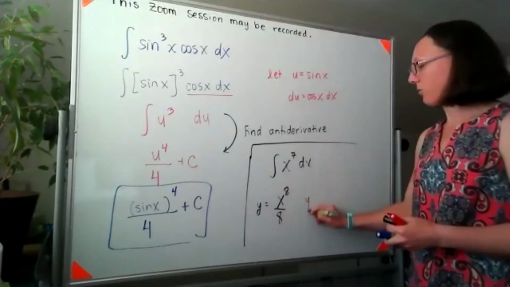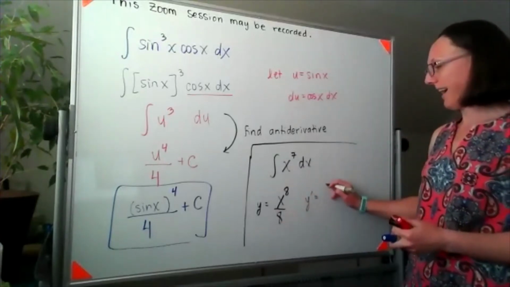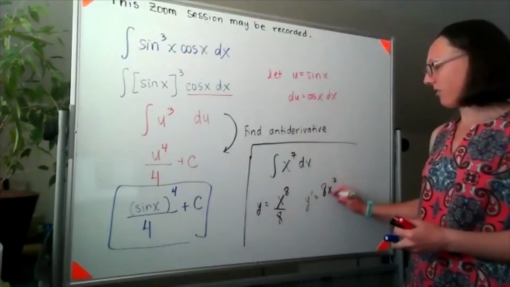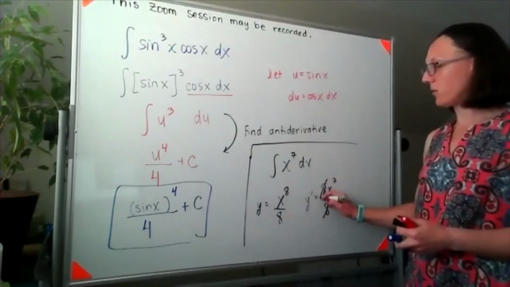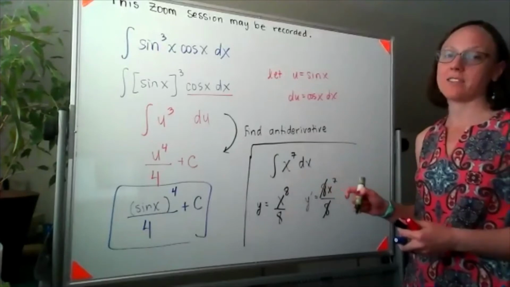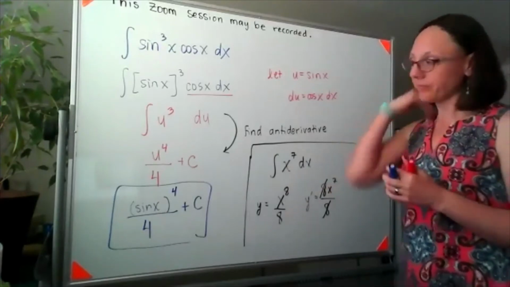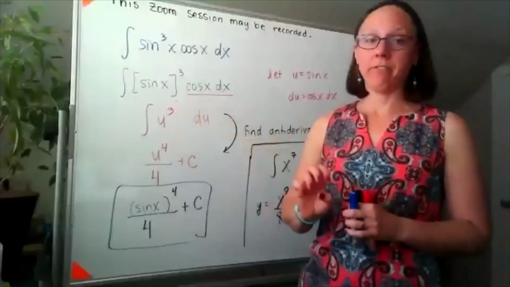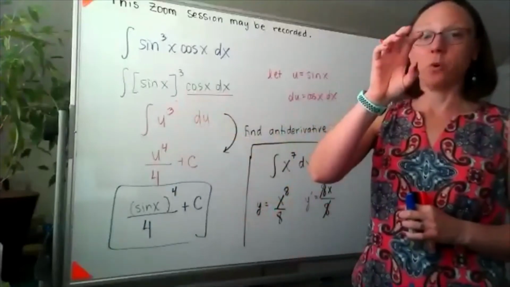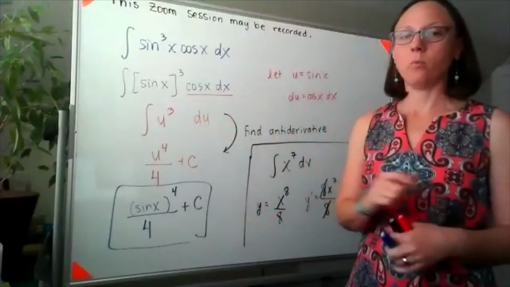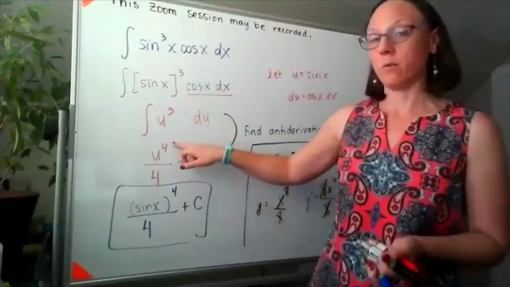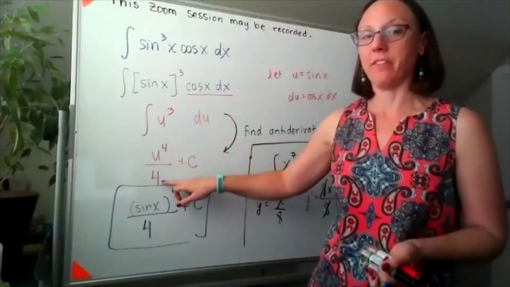Now, when I take the derivative and find y prime, I get 8x to the 7th over 8. Those 8s would cancel out, and I'd have the x to the 7th I was looking for. As a general rule, if I have a variable raised to a number in the exponent, when we take the antiderivative, we'll add 1 to the exponent and then divide by the new exponent.